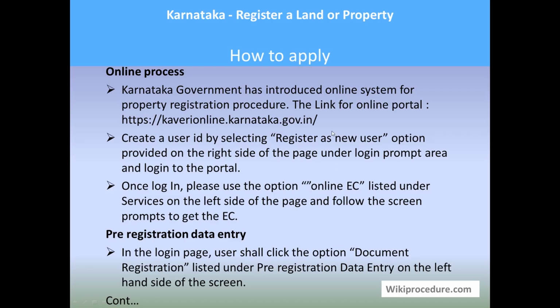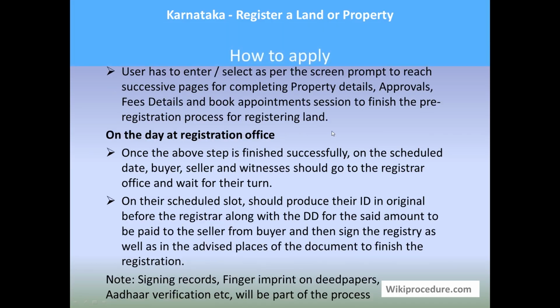Once you do this, on the set date go to the sub-register office with the seller and witness and wait for your turn. On the scheduled slot, you should produce your original ID before the registrar along with the DD for the said amount to buy the land from the seller.